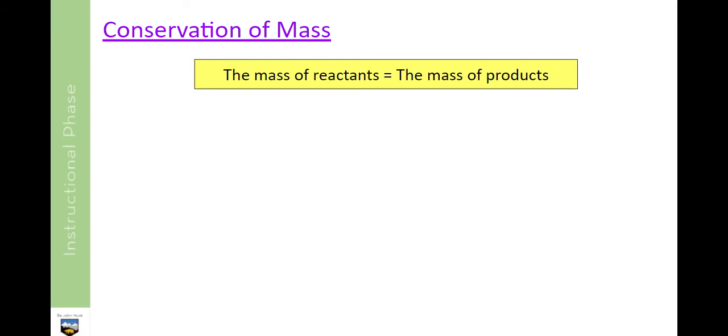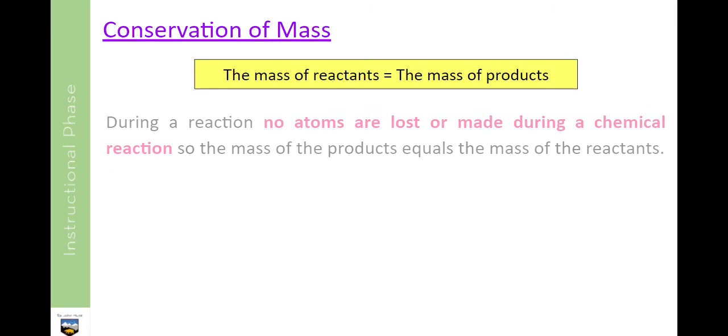If you wanted it in a sentence, we know that during a reaction, no atoms are lost or destroyed. No atoms are made. So the mass of the product will always equal the mass of the reactants.